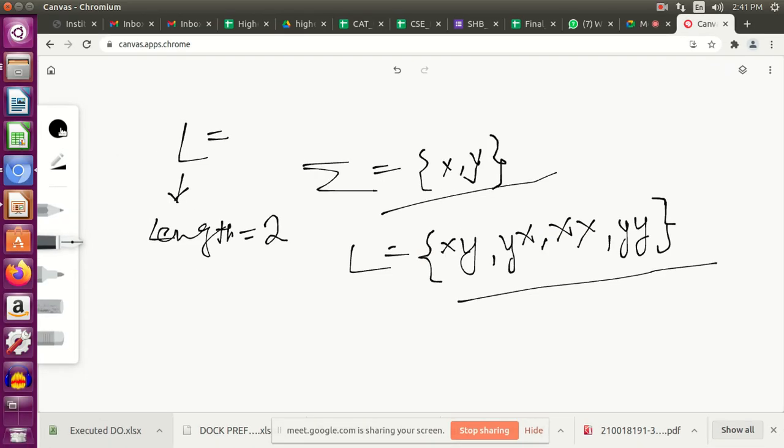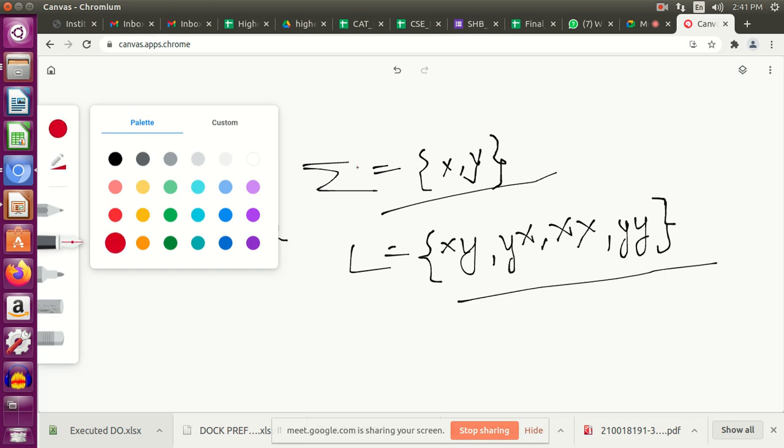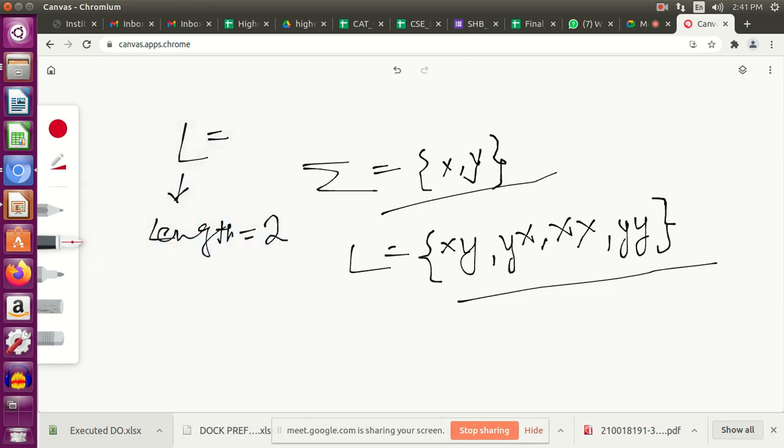So, suppose I tell you that you have a language which is again over X, Y, the alphabet set is X, Y, and your language should contain strings with at least one X. I repeat, your language over X, Y should contain strings with at least one X.